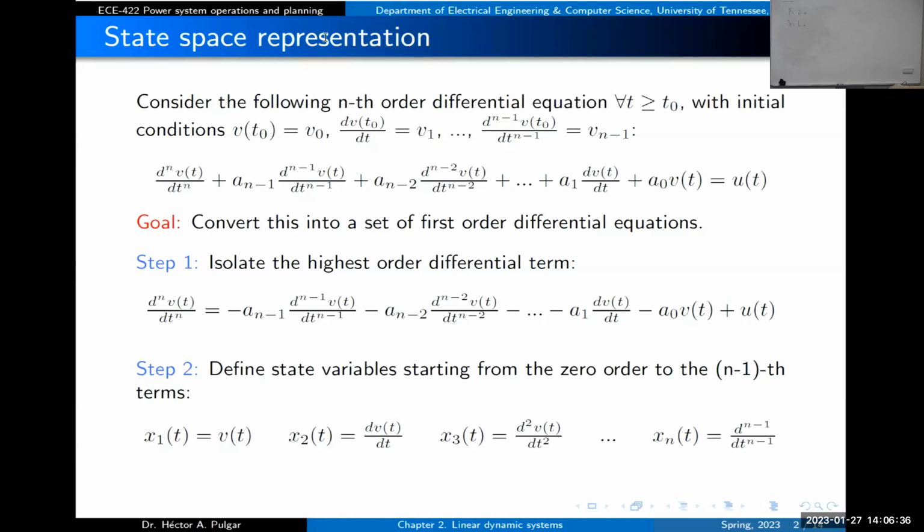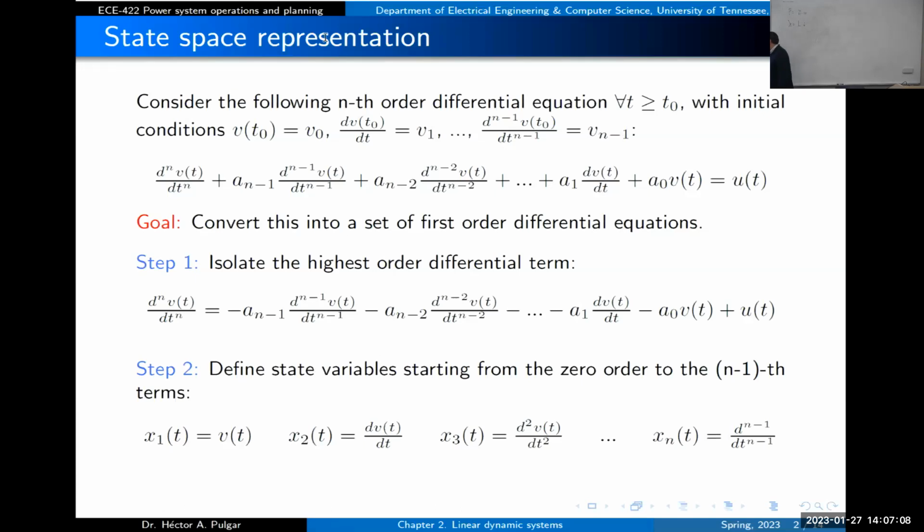The derivative of x1 is nothing else than x2. The derivative of x2 leads us to the second derivative of b, which is x3. So the derivative of x2 is nothing else than x3, and we continue in that fashion until we arrive at the last variable. The derivative of xn is going to be the n order derivative of the function. I forgot to put B of t.